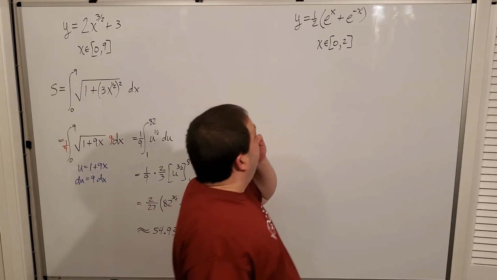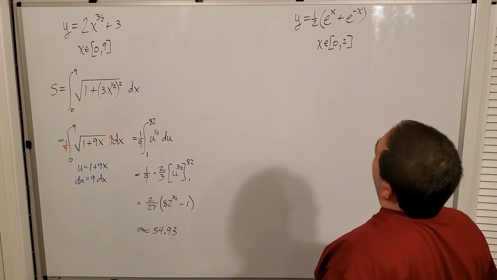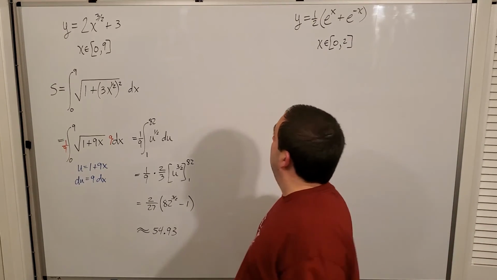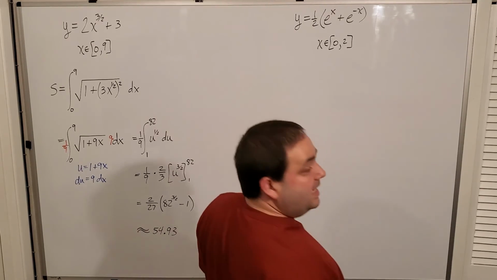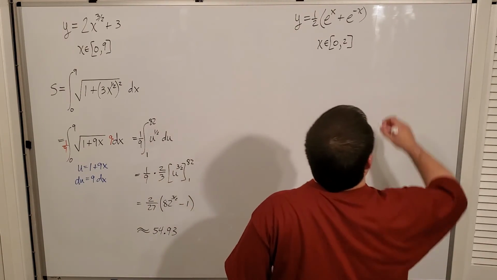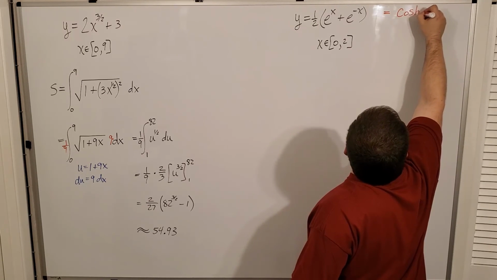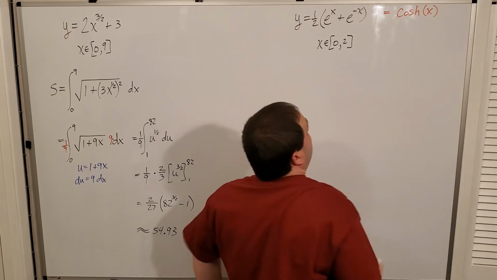Next, I have the function y equals 1/2 times e to the x plus e to the negative x. This one also has a nickname, by the way. This is called the hyperbolic cosine, also called cosh of x.